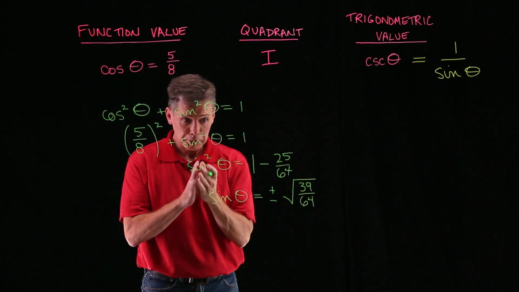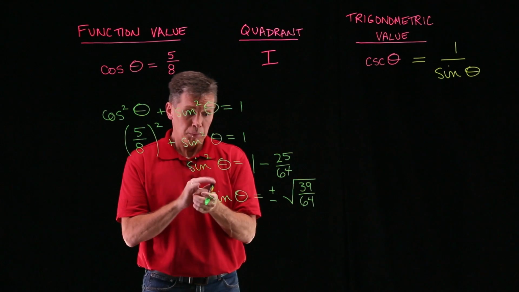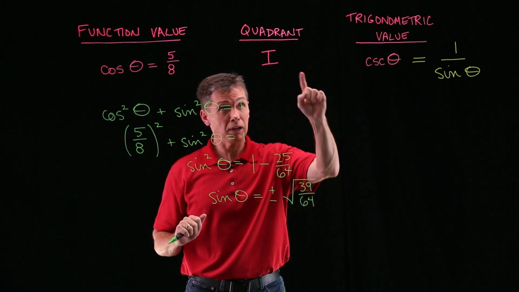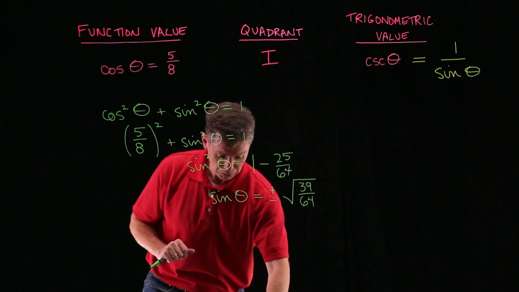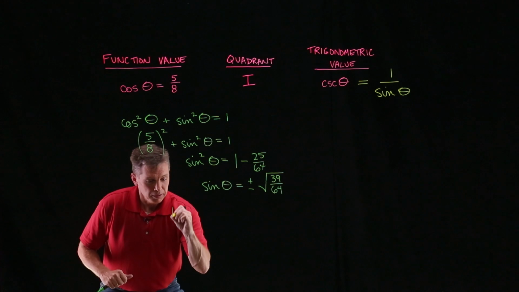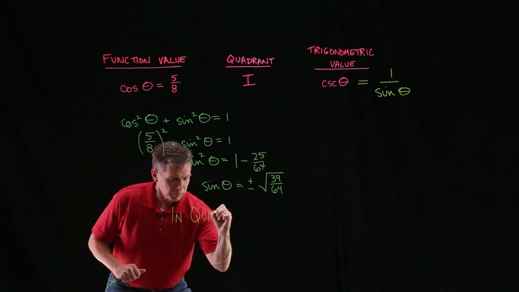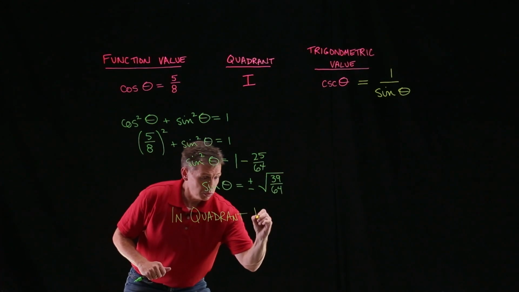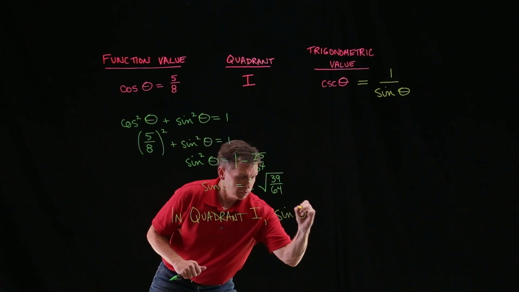It's good algebra so far, but we also want to infuse a little bit of trigonometry because I don't want the plus or minus, and that's why they gave me this other piece of information that I'm in quadrant 1. So now I'm thinking in quadrant 1, you know something about the sine of theta.